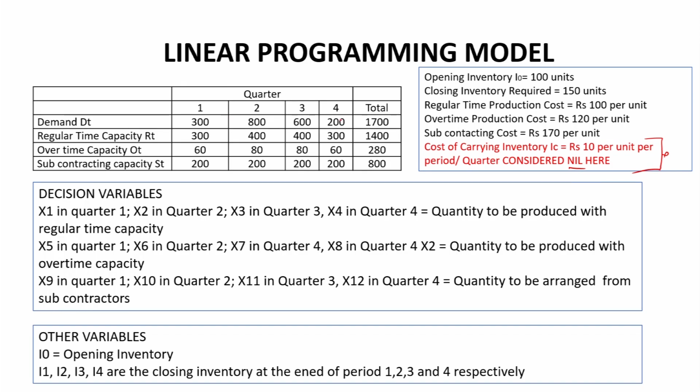What are the decision variables here? The decision variables are how much material I should produce with regular time in quarter 1.